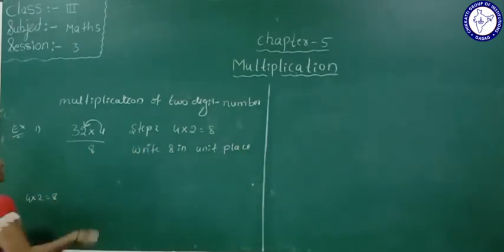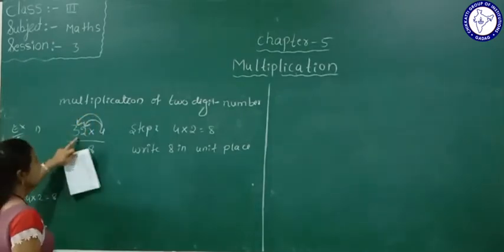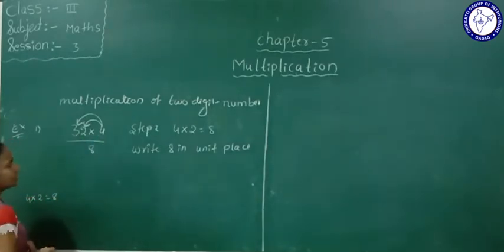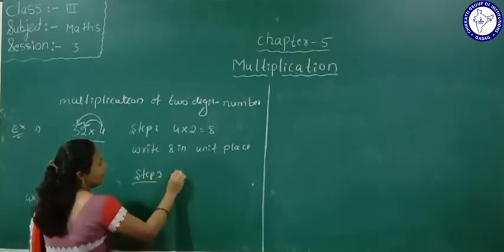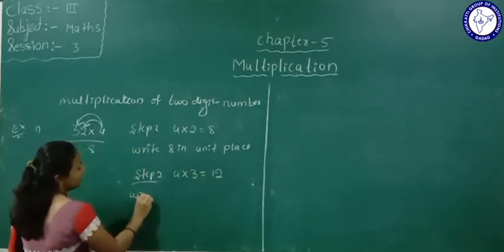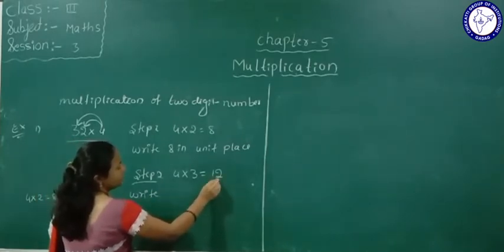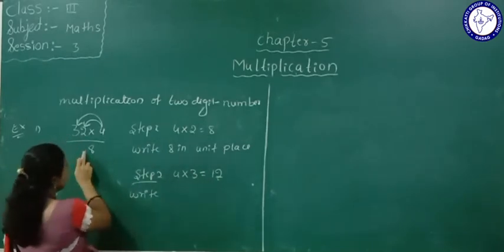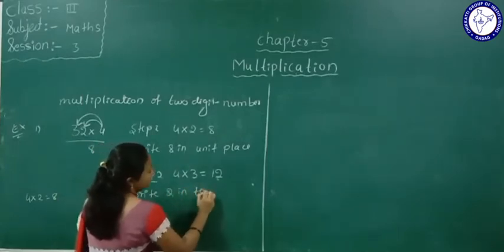Second one: this 4 is multiplied with the second digit, which is 3. So 4 threes are how much? Step 2, 4 into 3 is equal to 12. In 12, 2 is in the tens place, and the ones is already there. Yes, I'll write 2 here, in the tens place.